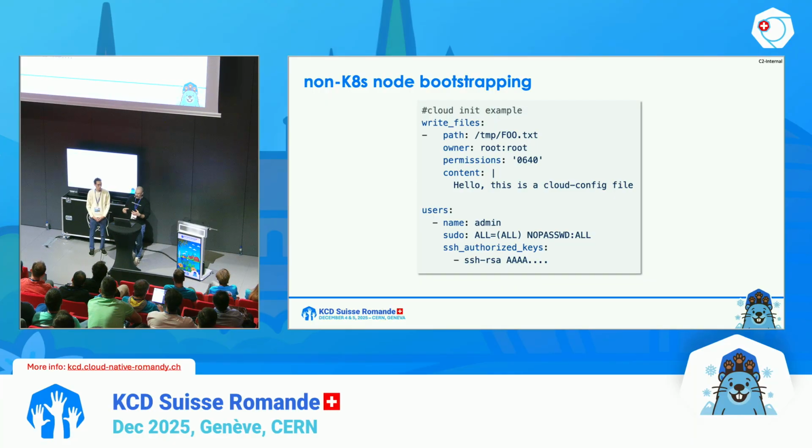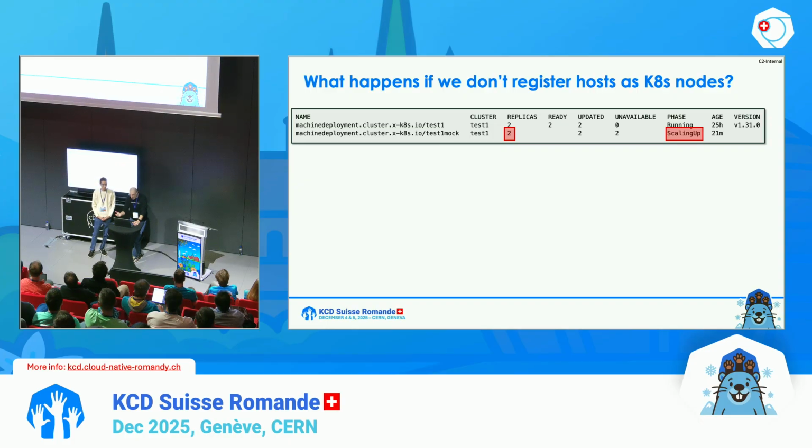So what if we use the machine deployment, but instead of passing initialization files generated by a kubeadm provider that installs a kubelet, we pass a simple configuration example with just some credentials, and for instance, we create a file on our host just to see if the configuration was used. So this is an example of what could happen.